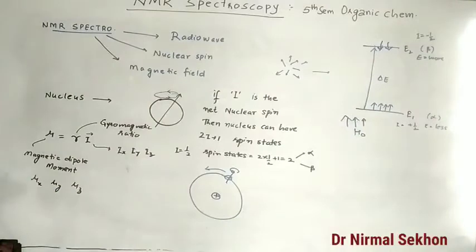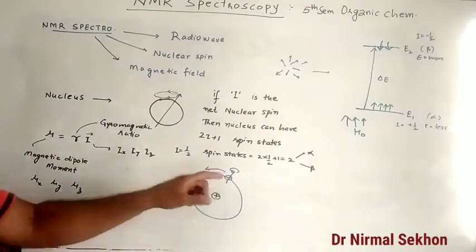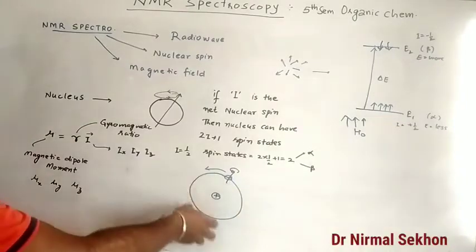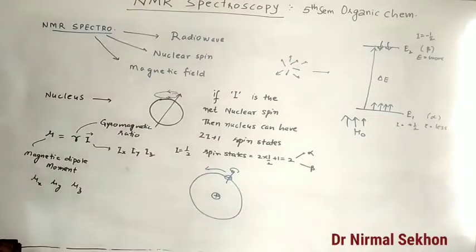I am explaining in terms of the electron only. For the electron there are 2 types of angular momentum. One is the orbital angular momentum, which arises when the electron revolves around the nucleus, just like the Earth revolves around the Sun, and also around its own axis.